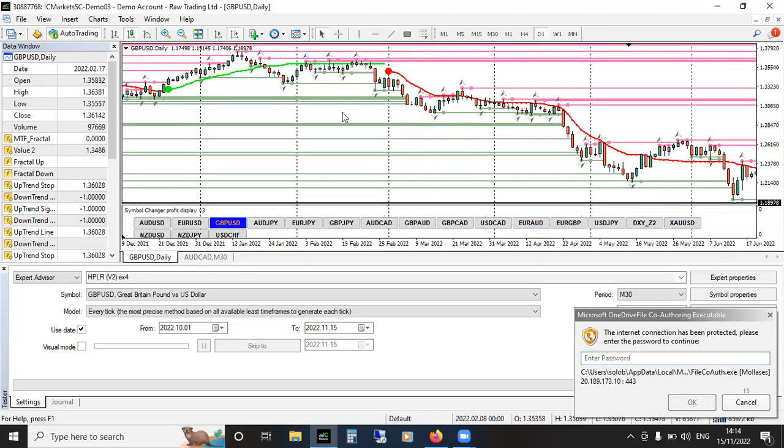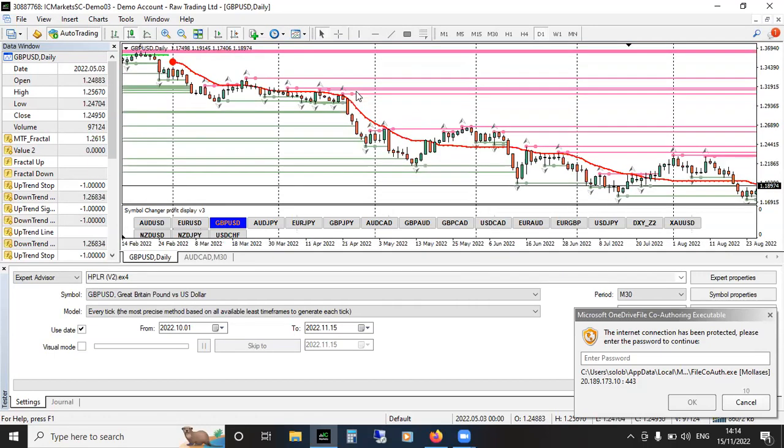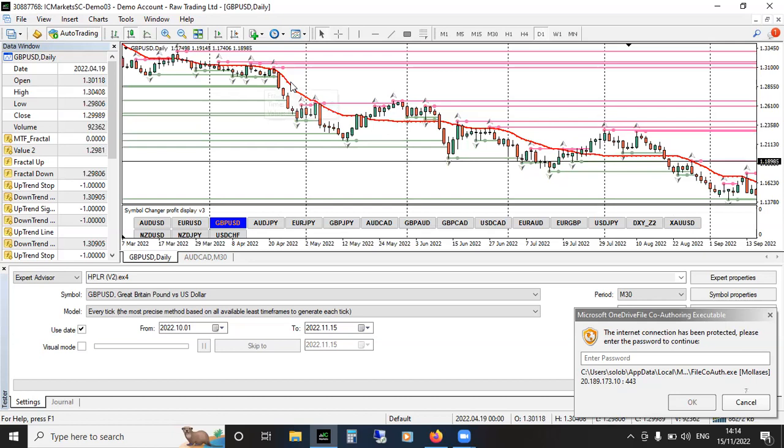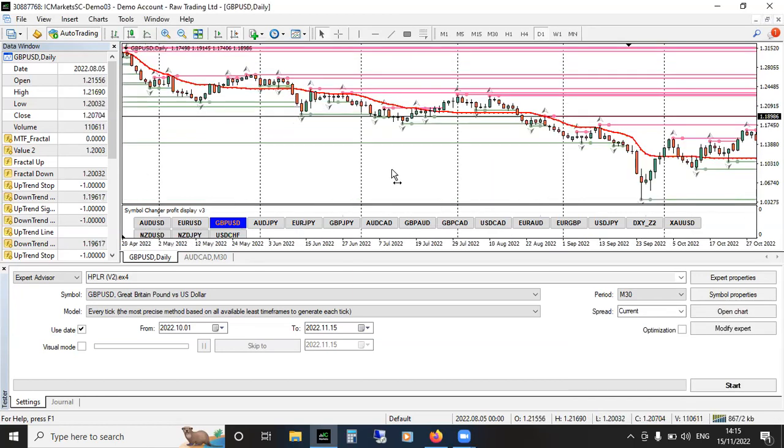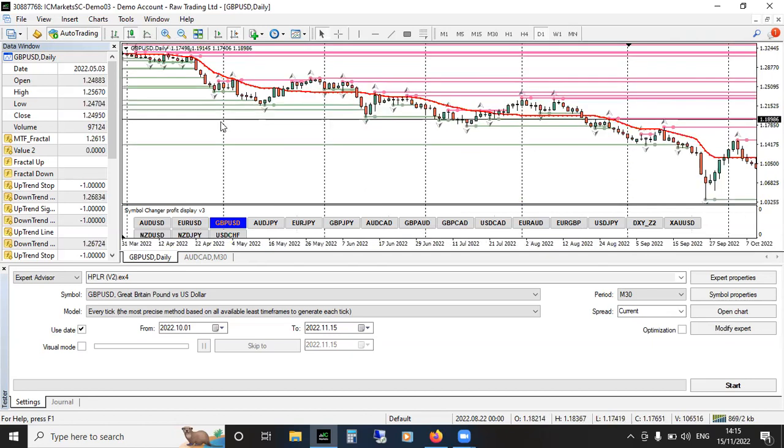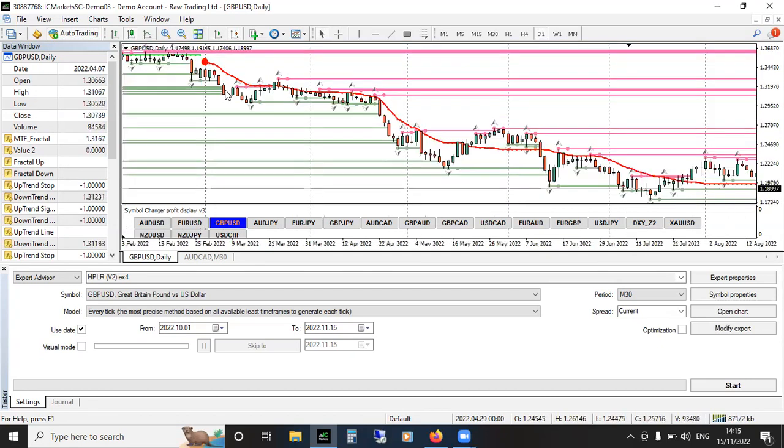So since March, GBP USD has been bearish. But I said price will not just go down in a straight line, even though smart money is selling. You will have it coming in waves.